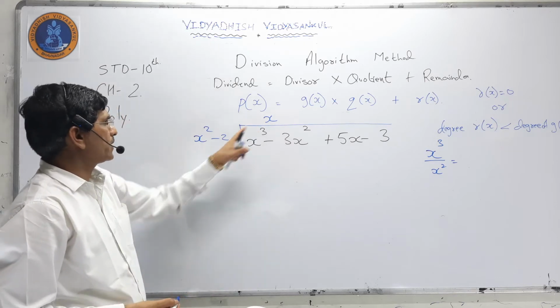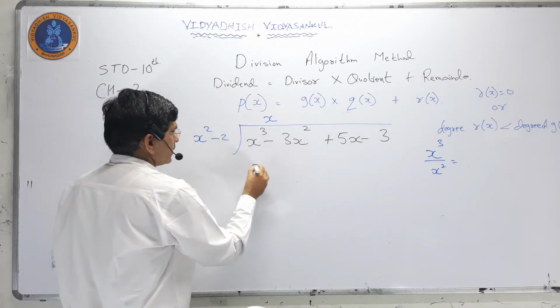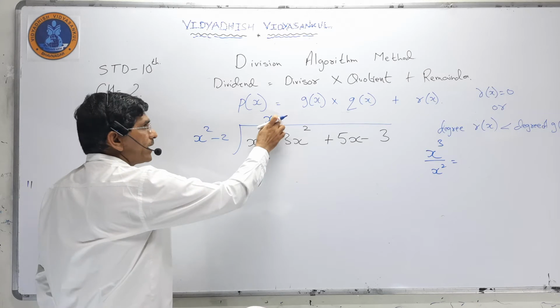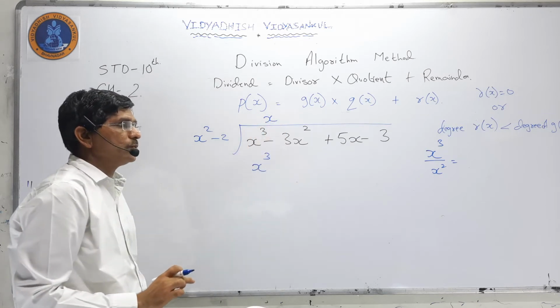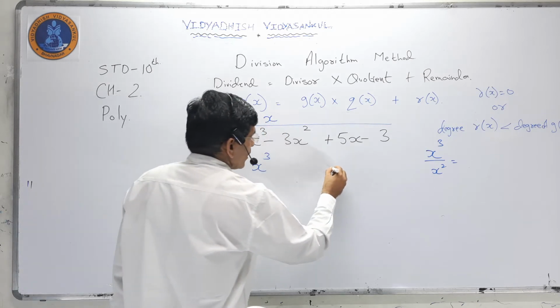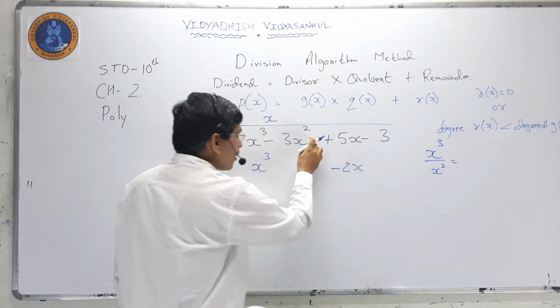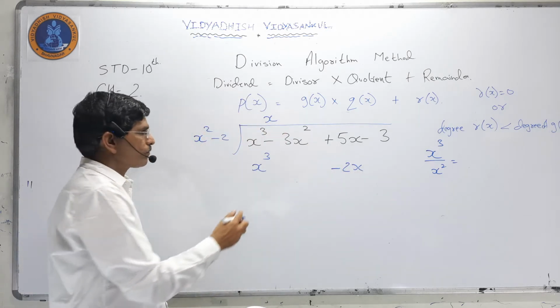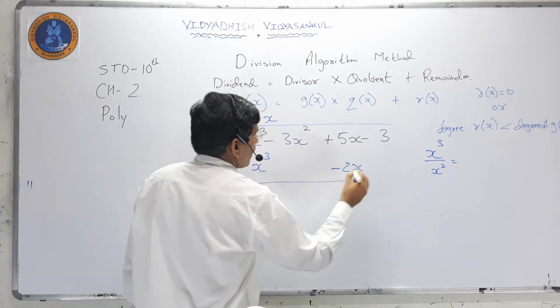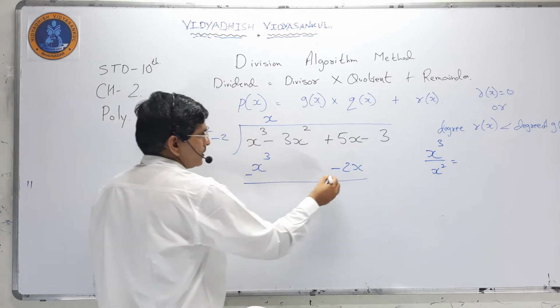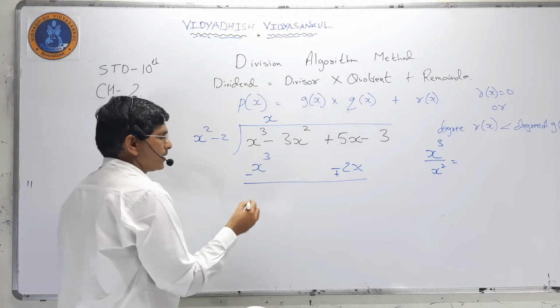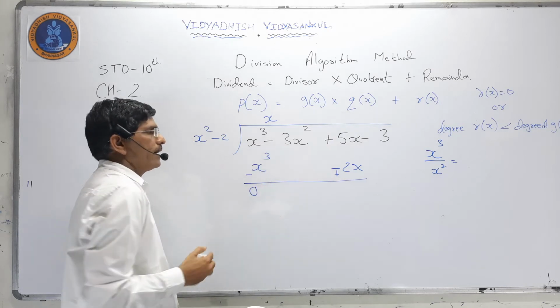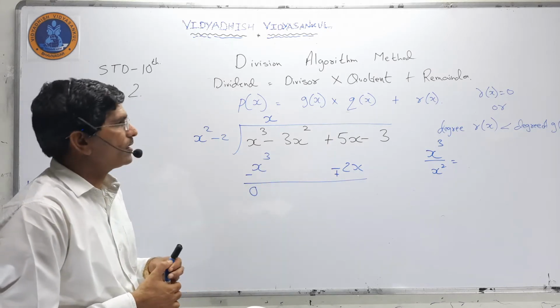Now again multiply x the power 3. Now if I multiply x by minus 2, it is minus 2x. So I have to write it here, not there, because here the x square variable is there. So now here it is minus, here it is plus. Here we get answer 0.